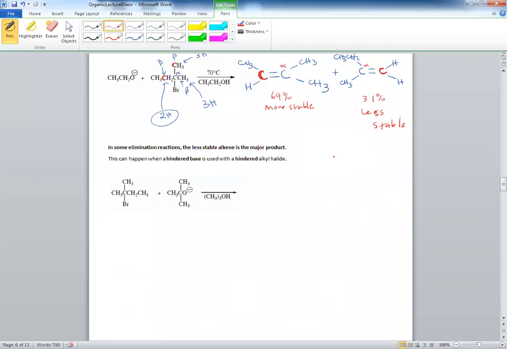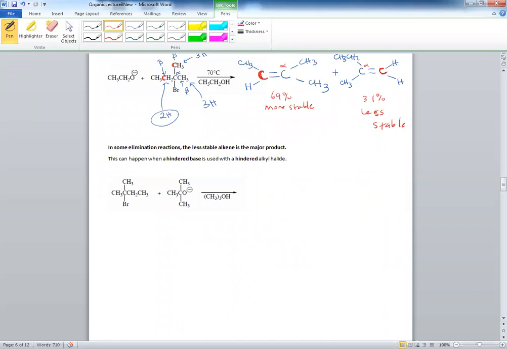In some elimination reactions, the less stable alkene is the major product. And I know you might be saying, okay, it just took me time to establish this, and now you're saying backwards. Well, we cannot just lie about the facts here. When you have a hindered base with a hindered alkyl halide, then the less stable product will be the major product.